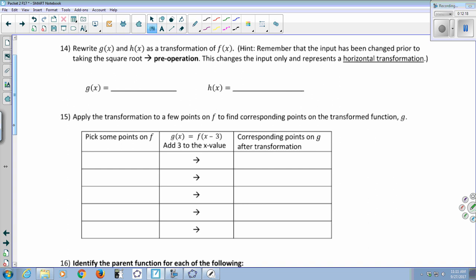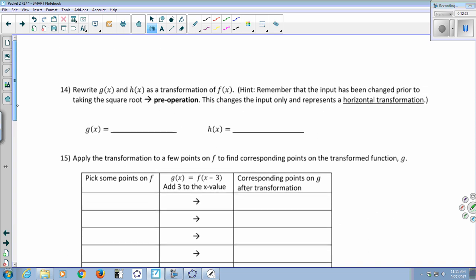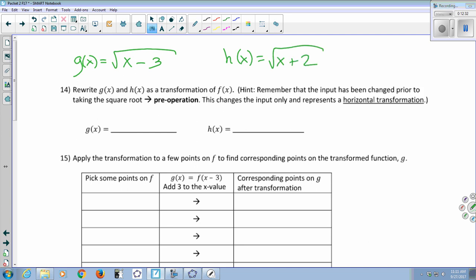All right, so I want to rewrite g and h as transformations of f. So let's just remember that g of x is the square root of x minus 3, and h of x is the square root of x plus 2. So I want to rewrite g in terms of f.